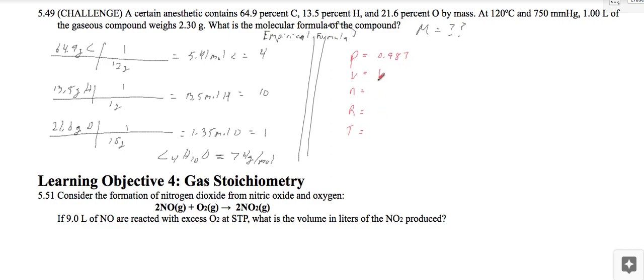Volume is 1, the number of moles is what I'm looking for, R is R, and temperature is going to be 357. Now if we go through this, we have moles. Give me just a second, guys. I need to double check my math.